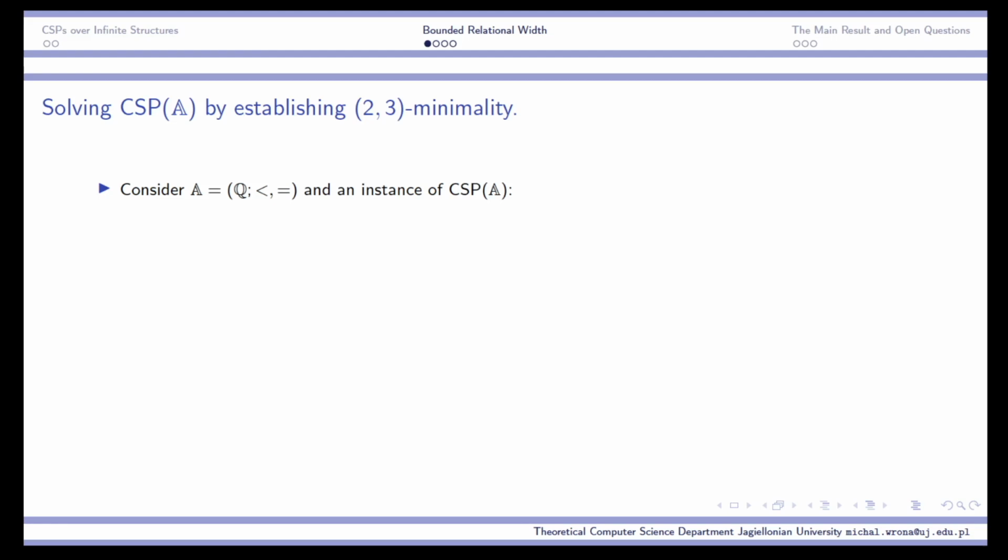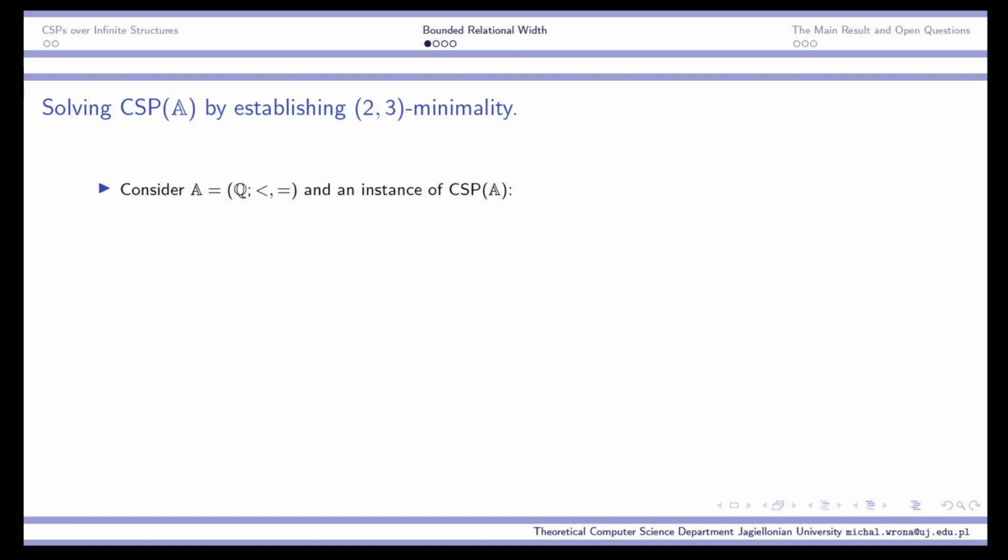Structures whose CSP can be solved by local consistency are said to have bounded width, or equivalently they have bounded relational width, but then we use minimality instead, an algorithm establishing minimality instead of consistency, but these are exactly the same structures.